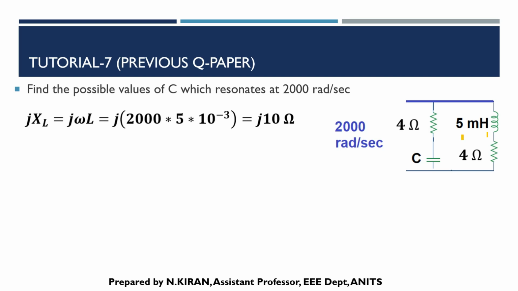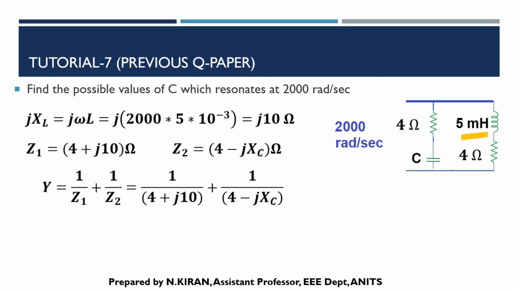Next, finding the impedances of each branch. Z1 is 4 plus J10 ohms and Z2 is 4 minus JXC ohms. Finding the total admittance, Y is 1 by Z1 plus 1 by Z2, and upon rationalizing, I get the expression for admittance as shown.